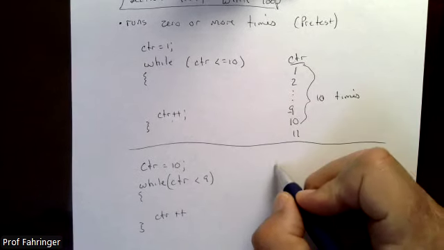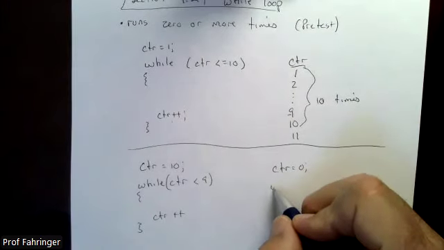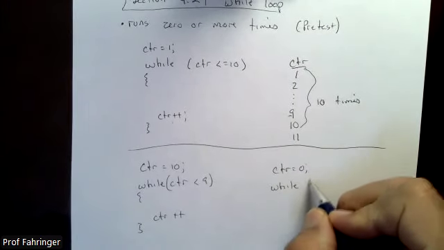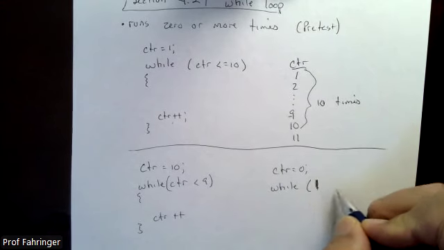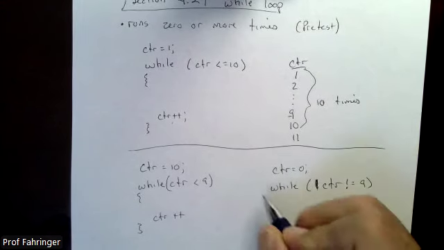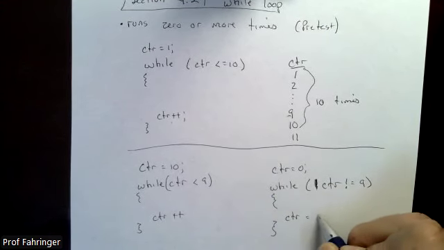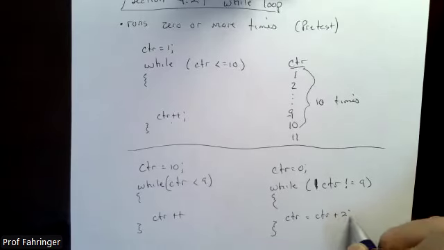What if I have this? Counter equals 0, while counter is not equal to 9, counter equals counter plus 2.